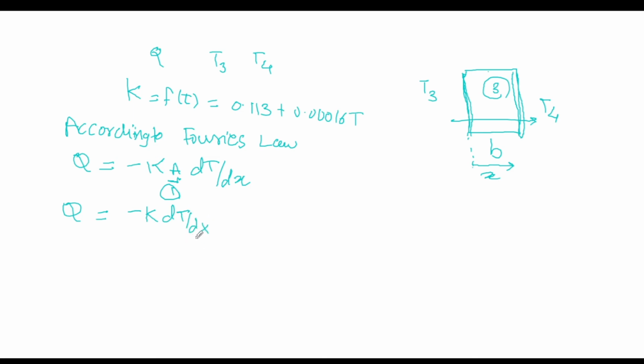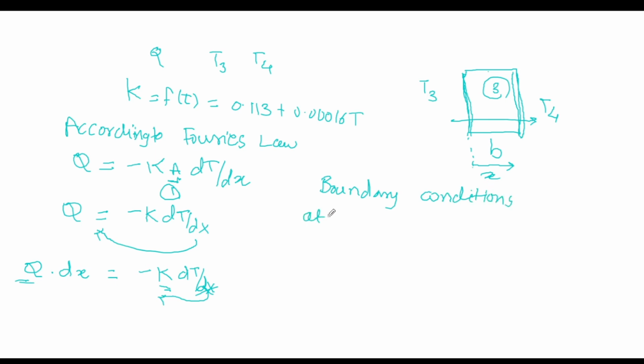So we are taking this denominator on the right hand side. We will get Q into dx equal to minus of K into dT. K is a function of temperature, so we have shifted dx to the left hand side. So we can write the boundary conditions.